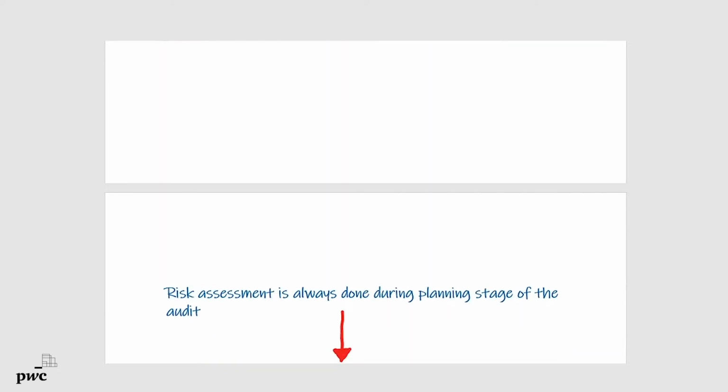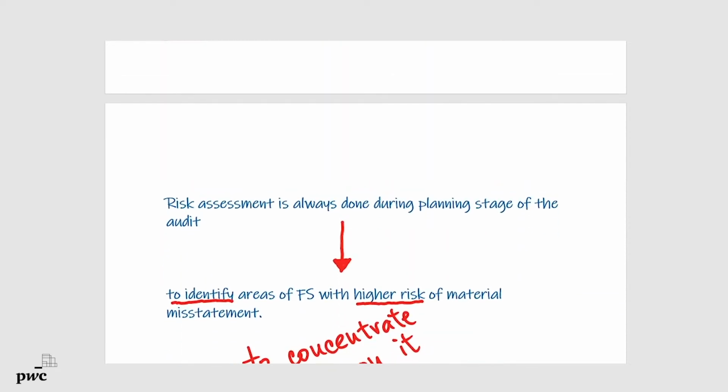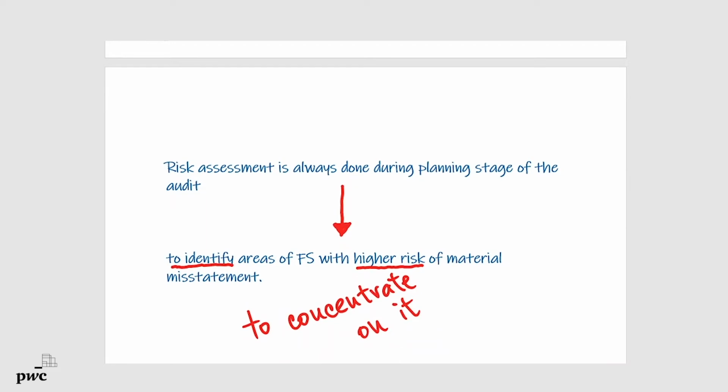This is an extremely important task for the auditor, as it identifies the areas of financial statements in which we may see a high risk of material misstatement, and it helps the auditors to concentrate audit procedures on these risky areas.